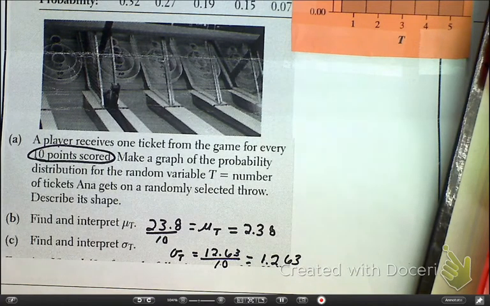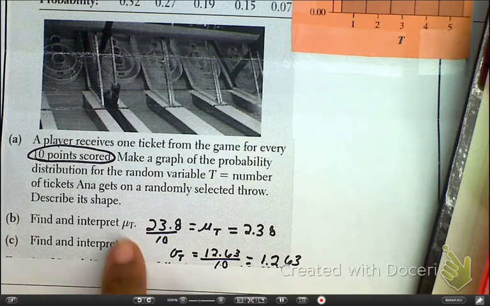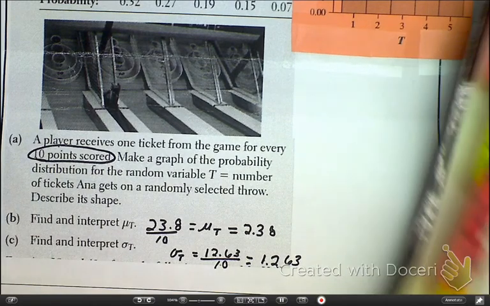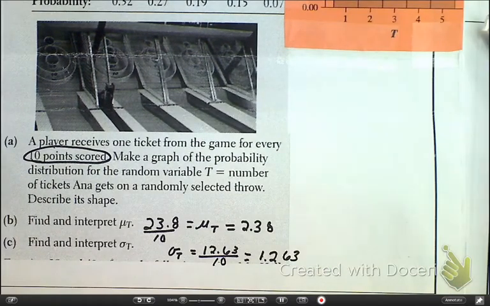So let me reinterpret the mean and the standard deviation. We're saying that Anna received about 2.3 tickets per roll on average.